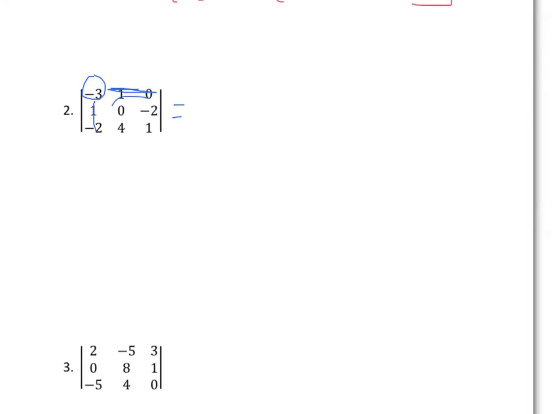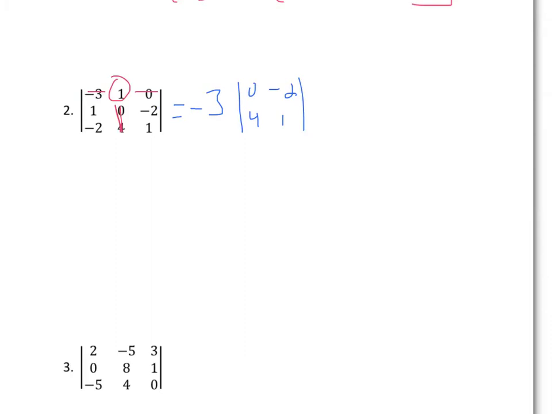So this is our 2 by 2 matrix that's left. This is going to be negative 3 times the determinant of 0, negative 2, 4, 1. That's the first part. Now you have to do that with the other two elements in that first row. To do the second one, we'll use 1. Those go away, and there's your 2 by 2 matrix.